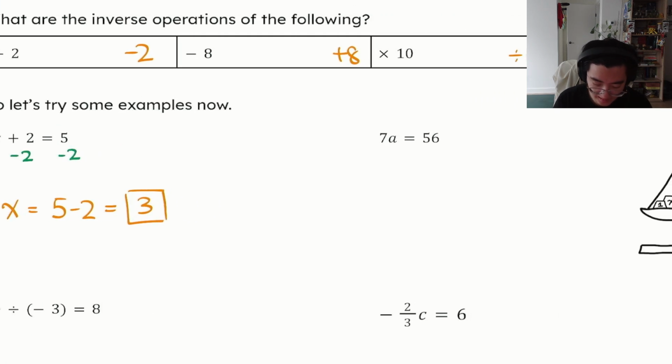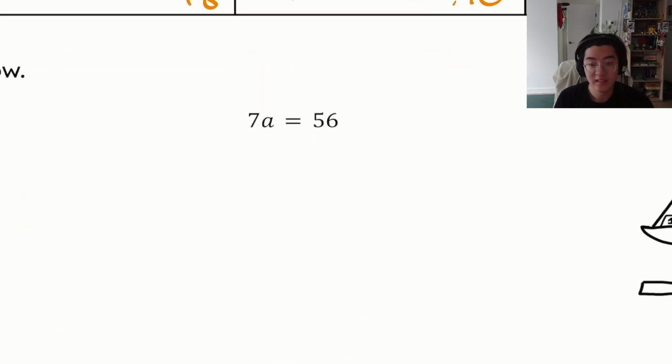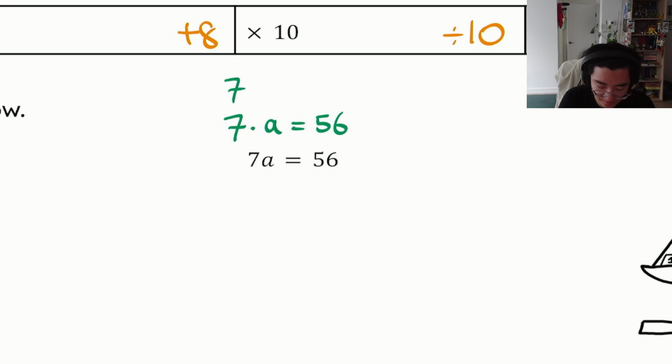So let's try the next one here. 7a equals 56. As a reminder, 7a is the same thing as 7 times a, equals 56. You can think of it as, again, using a different sign here.